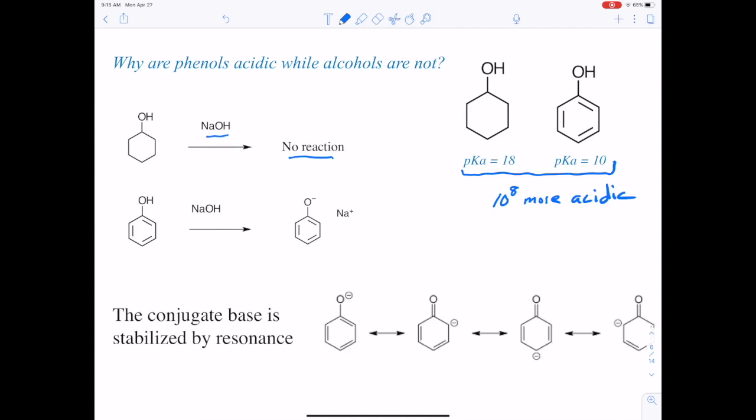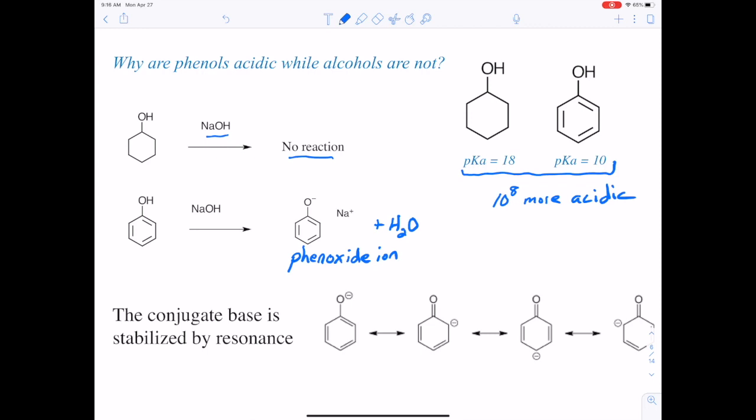Phenol, however, its pKa is low enough, it's acidic enough that it will react with sodium hydroxide, and we get the phenoxide ion. This would be sodium phenoxide. Of course, the other product would be water. The hydrogen from phenol and the hydroxide from sodium hydroxide make water.